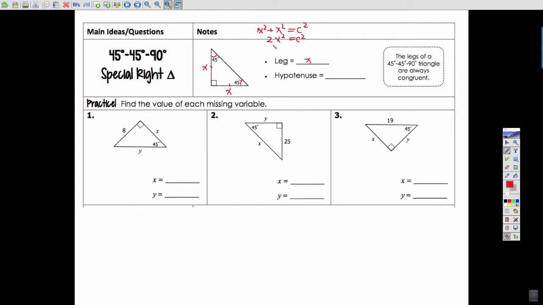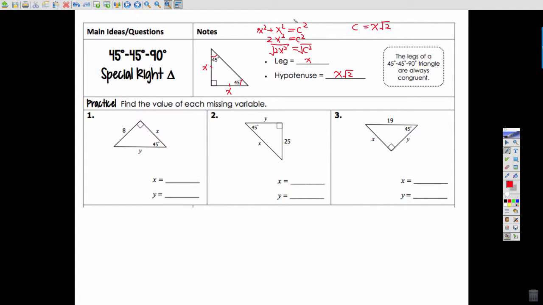If I take a square root on both sides, I would have the square root of 2x squared, make sure it's inside, equal to the square root of c squared. On the left-hand side, the c comes out. On the other side, the x comes out. There's nothing we can do about root 2. It's not a perfect square. So my hypotenuse is x root 2.